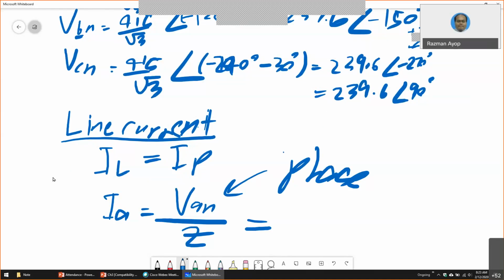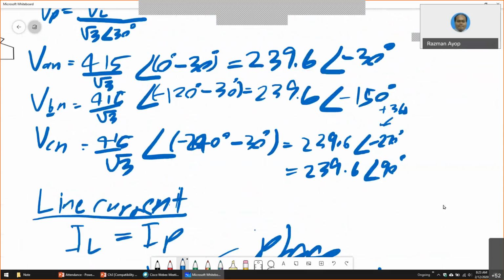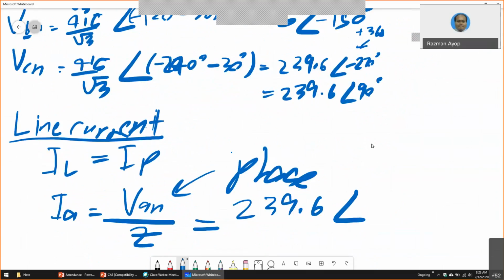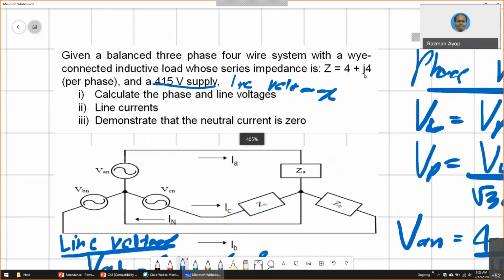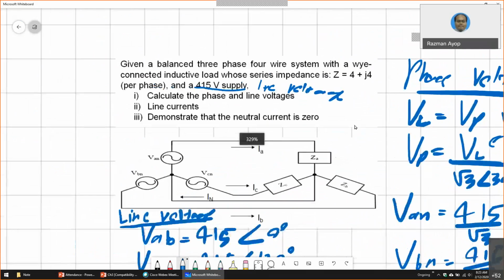So the VAN is 239.6, and the angle is negative 30 degree, divided by the impedance given in the question, Z equals 4 plus J4.